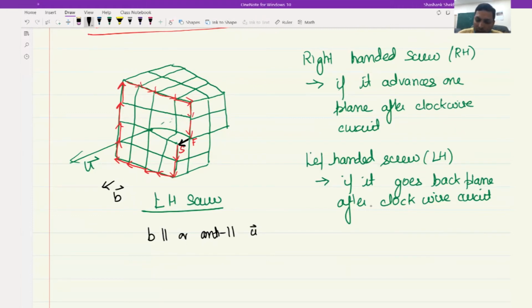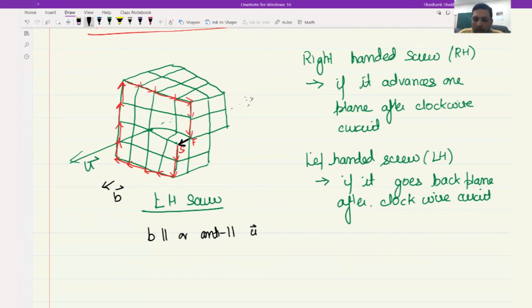For example, if the line vector were going in that direction, then if you had drawn it, the Burgers vector would have come out in the opposite direction, and therefore the Burgers vector would have been anti-parallel to the line direction. However, if you look closely, now this is your left-handed screw. If the line vector were in the other direction, so let's say it was like this, would it still be a left-handed screw or right-handed screw?